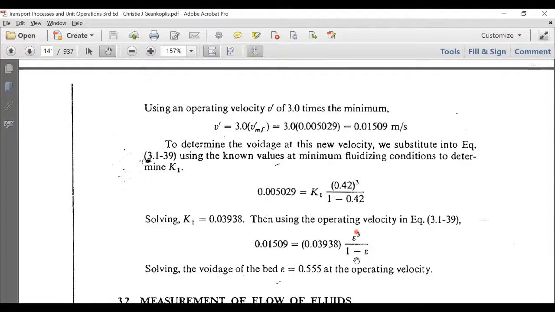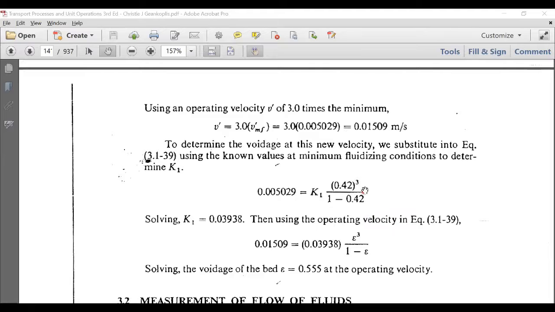After some rearrangement and calculations, I get the epsilon value for the operating velocity is 0.555. So that's the voidage of the bed at the operating velocity.